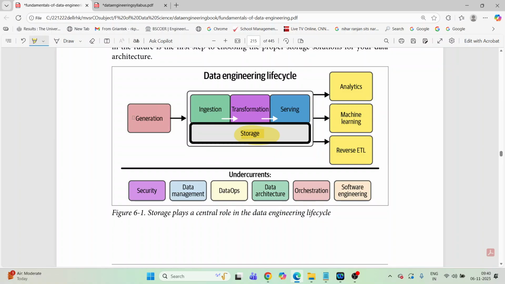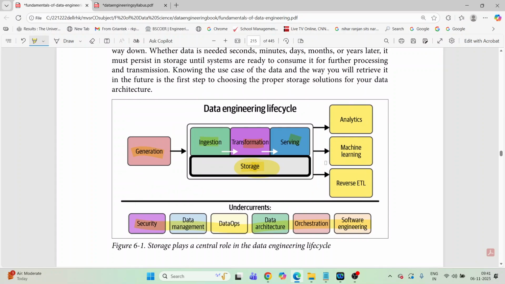You can see the stages in the data engineering life cycle: generation, ingestion, transformation, serving, storage. So we know that these are the total 5 stages, right? Then you have the undercurrents in the form of security, data architecture, orchestration, software engineering, data management, DataOps.